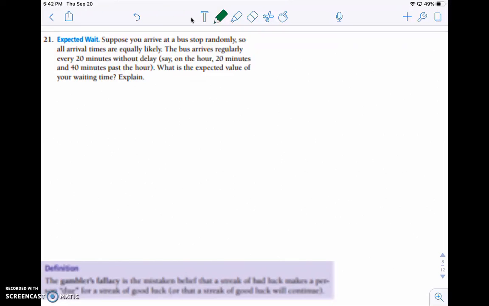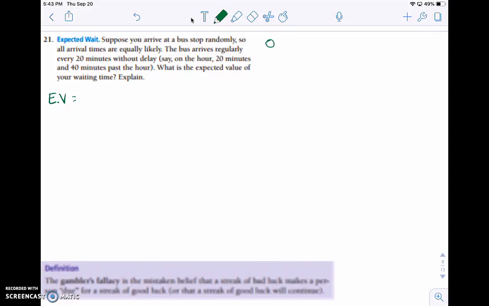Well, to find the expected wait time, we're going to again go to our expected value. And first it's definitely going to be helpful to break down what these wait times possibly could be. If you get there right when the bus gets there, then that means you have a wait time of 0 minutes.